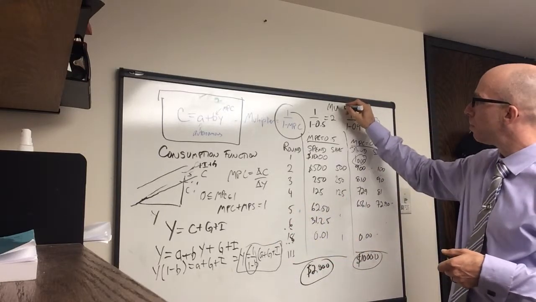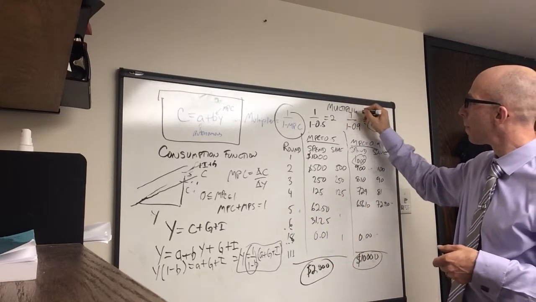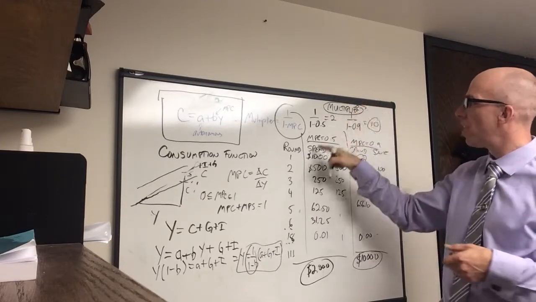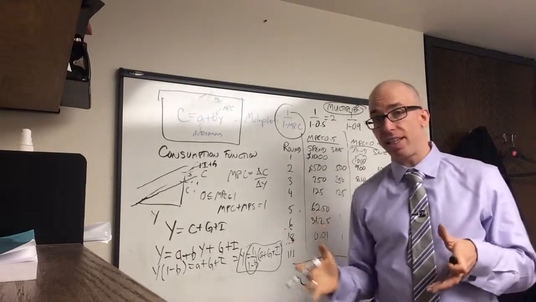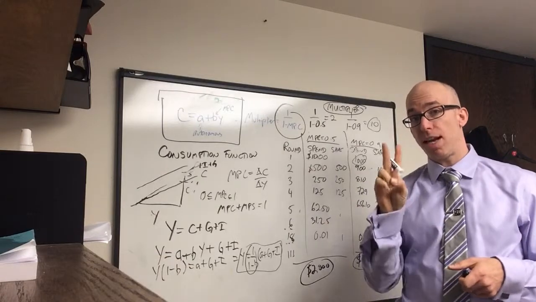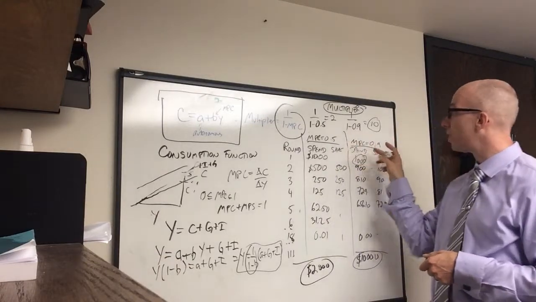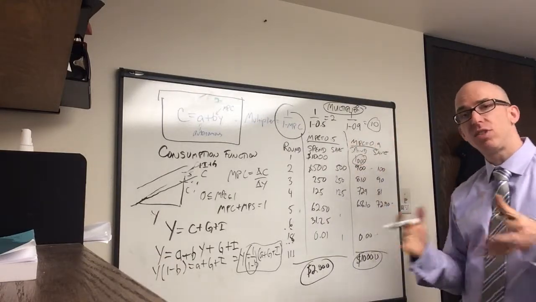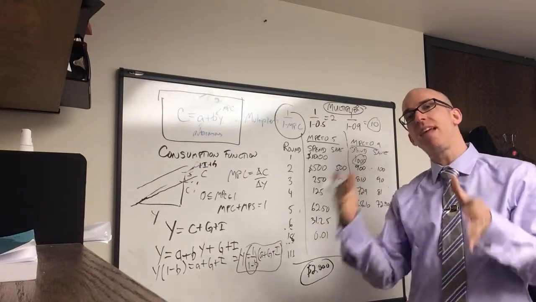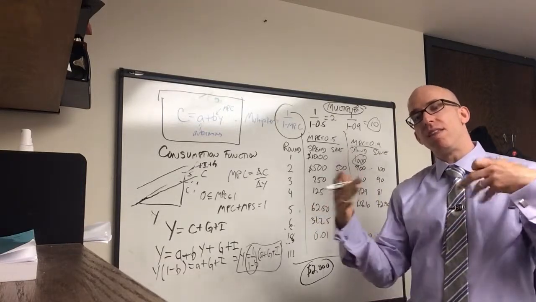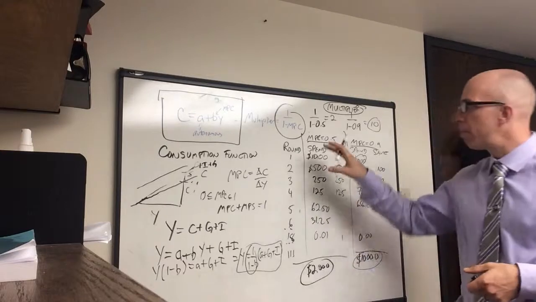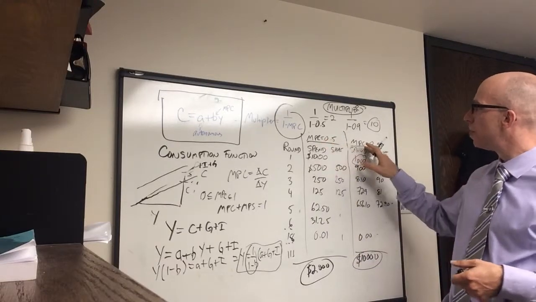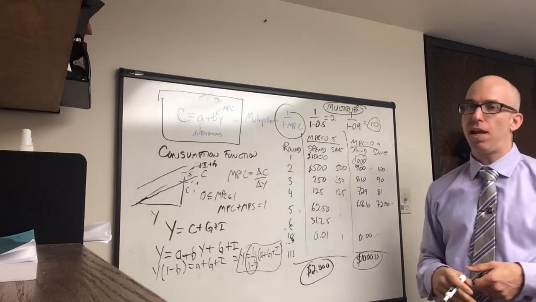This is the multiplier. You can turn $1 of original spending into $2 because the multiplier is 2. You can turn $1 of original spending into $10 total, or 1,000 becomes 10,000 because of this multiple spending. And so a higher MPC means more spending. It means a higher multiplier.